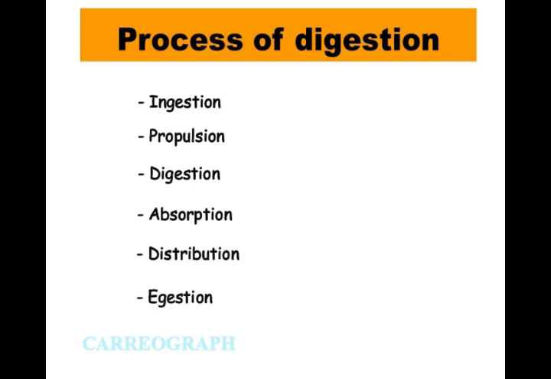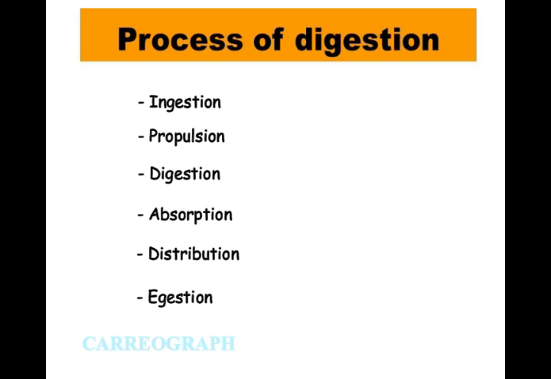These are the processes of digestion which take place in the digestive system. Now one by one we will see all about these processes. The first one is ingestion. Ingestion is the intake of food.